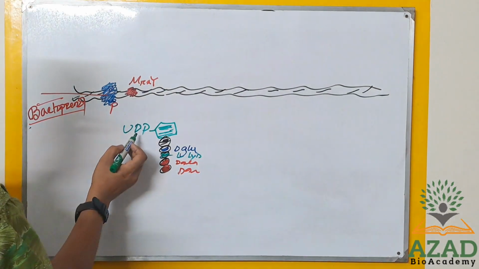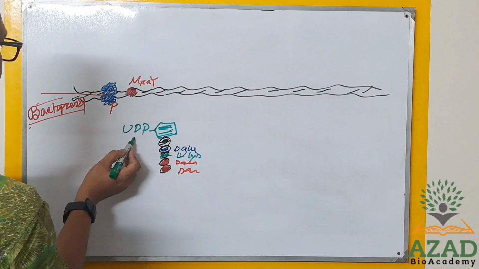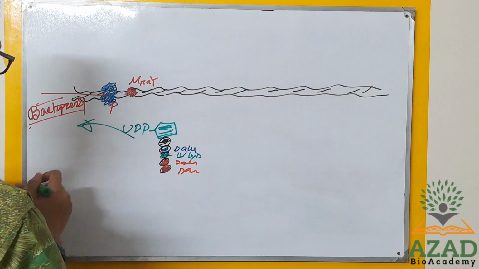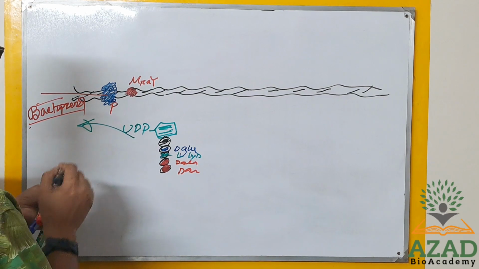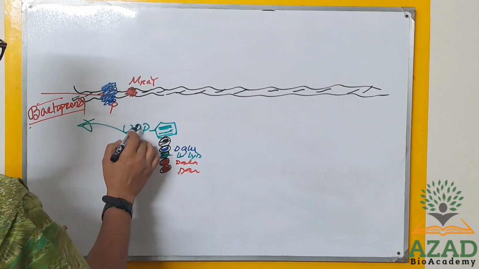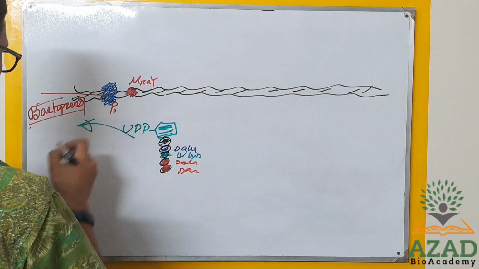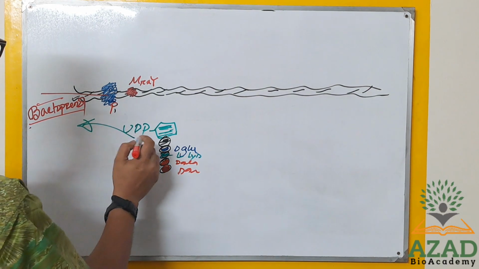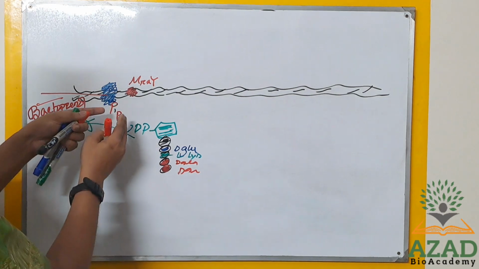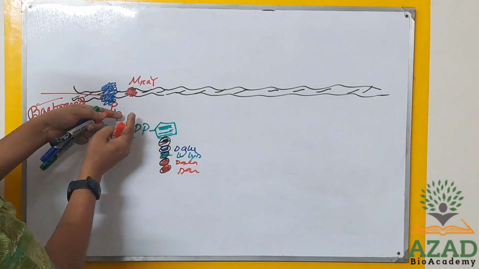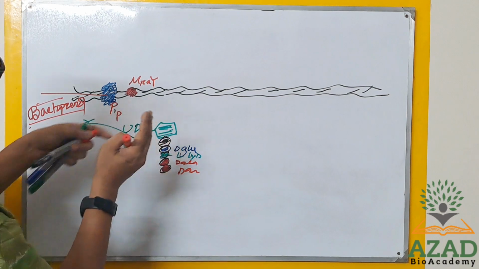So what will happen? Uridine monophosphate will flip out from here and the one phosphate will attach here, so you can add the phosphate from here and it will be attached to the sugar.